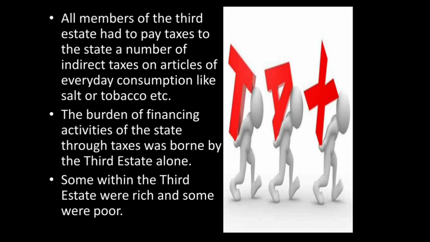France also required tax to meet its financial needs. And because first and second state people were exempted from all forms of taxes, the whole burden of tax was on third state people alone, and that is the problem.